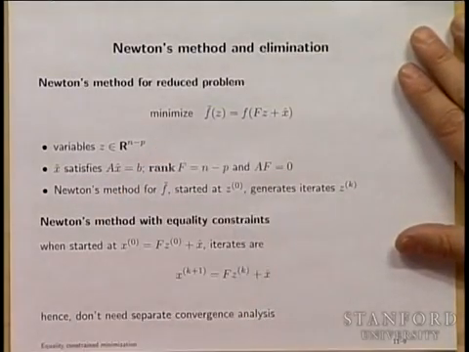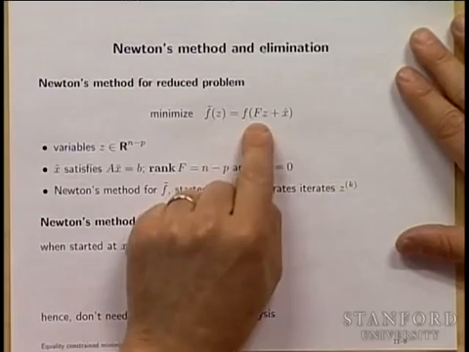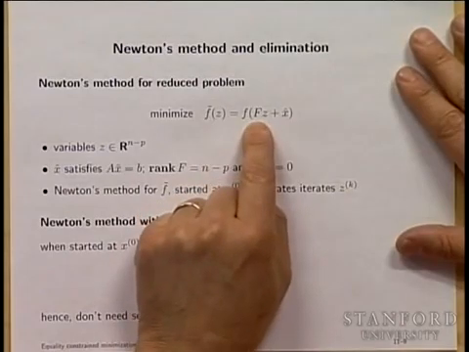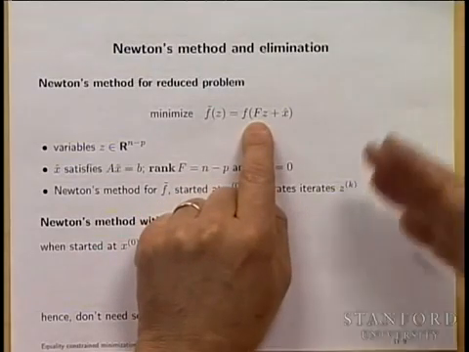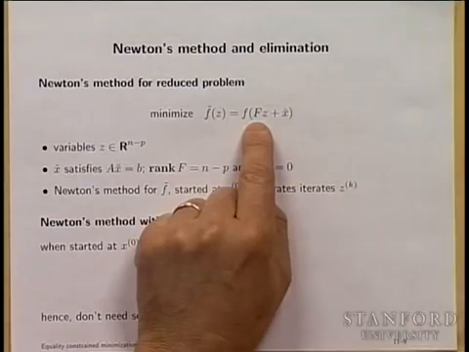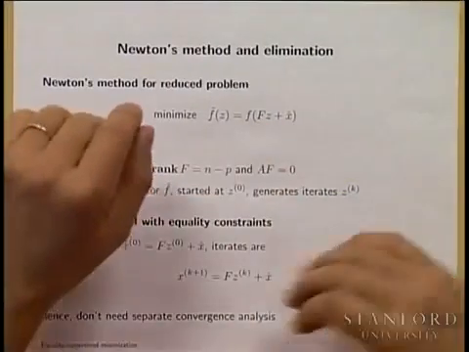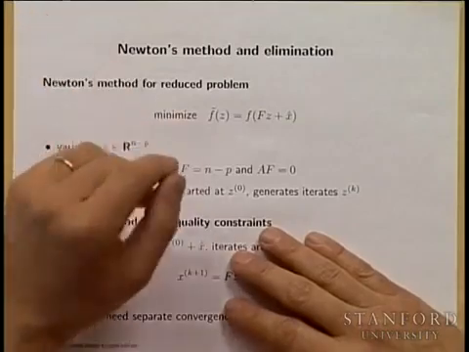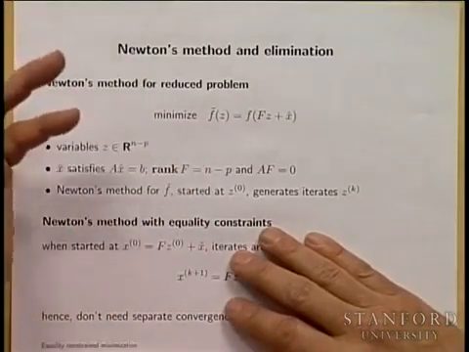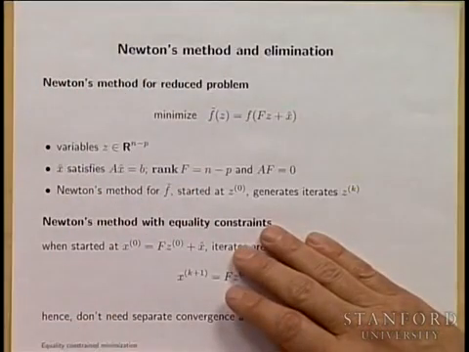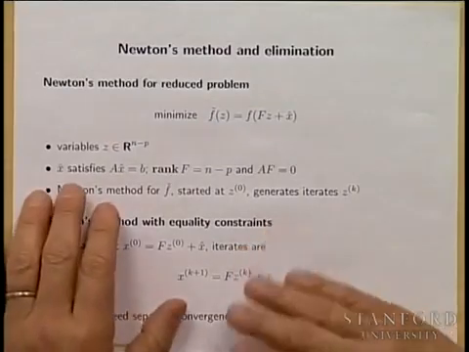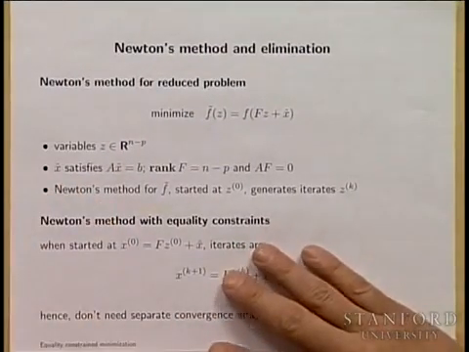But you might protest and say, wait a minute. When you do elimination, there are lots of choices for F. F is any matrix whose columns span the null space, or are a basis for the null space of A. So there are lots of ways to do elimination. Surely all those methods can't give you the same iterates. The answer is they do. Of course they do, in Newton's method, because that amounts to a change of coordinates, and it's completely insensitive to that. So they all give exactly the same.